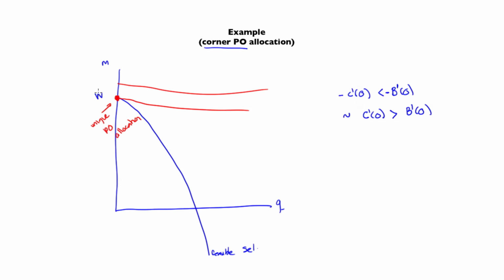So that's a situation in which the Pareto optimal thing is just to produce no good Q. And the intuition should be obvious. If the consumer is here, you cannot improve his well-being by increasing production of Q, because the marginal cost is going to exceed the marginal benefit.